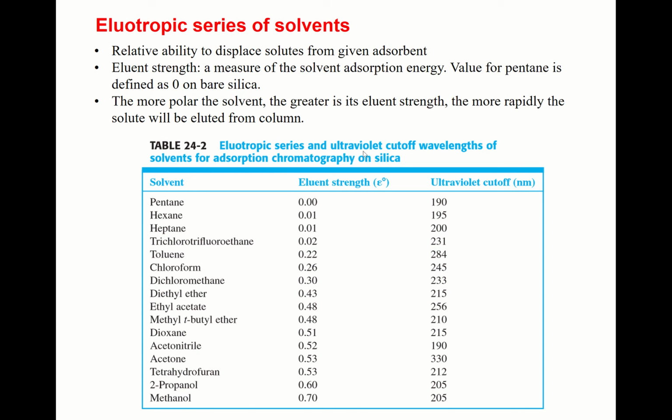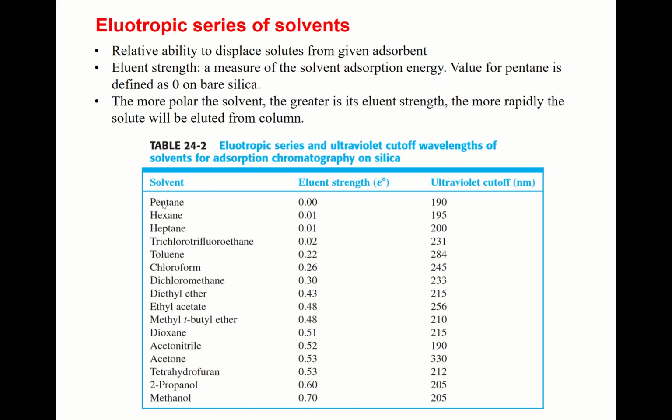Eluotropic series and ultraviolet cutoff wavelengths of solvents for adsorption chromatography on silica. This eluotropic series of solvents is the relative ability to displace solutes from a given adsorbent. Eluent strength is a measure of the solvent adsorption energy. The value for pentane is defined as 0 on bare silica.